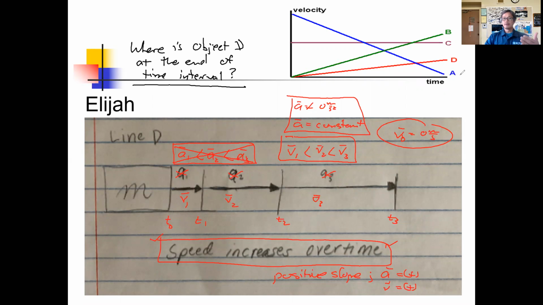All right. The answer is, where do we find D? We don't know. Okay, so the answer to the question is that we do not know. And the reason for that, folks, is because this is a velocity time graph. Position cannot be obtained from a velocity time graph.